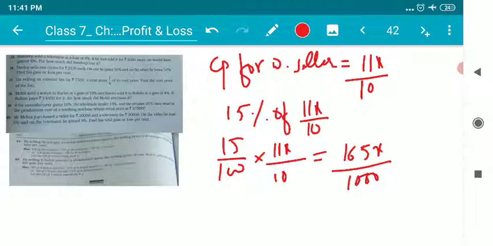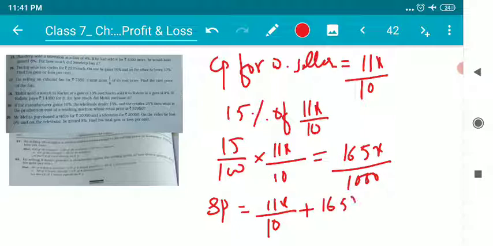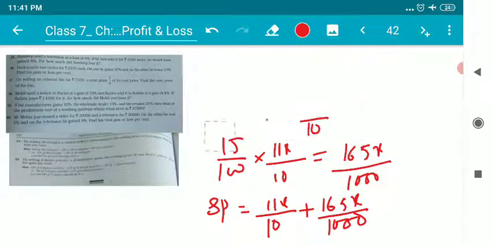Then what is the selling price? The selling price will be 11x by 10, the cost price, plus the profit amount 165x by 1000. Let us add them.